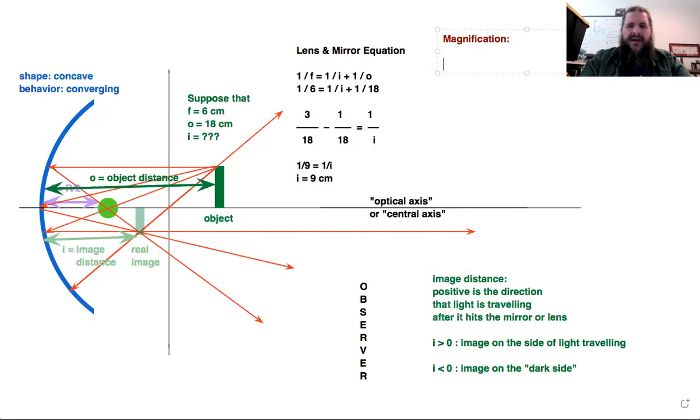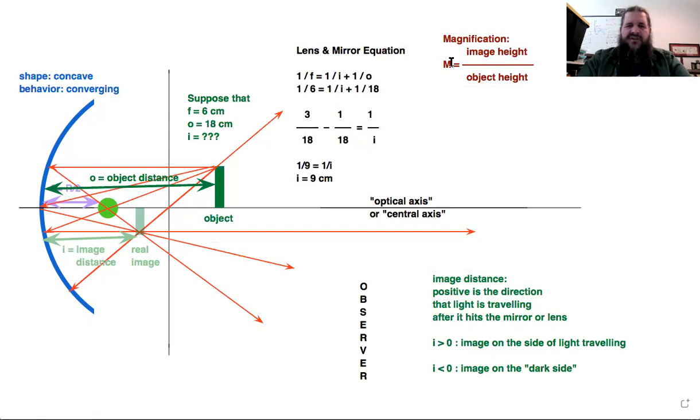Yeah, it's the ratio of heights. The ratio of height of the image, so image height over object height. So if M is, let's say, exactly 1, that means the image and object are the same height.